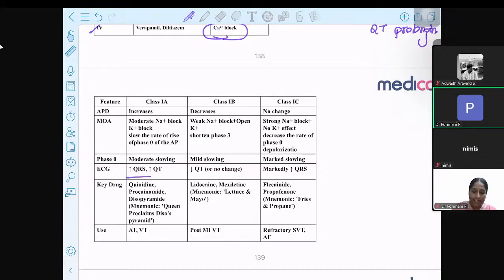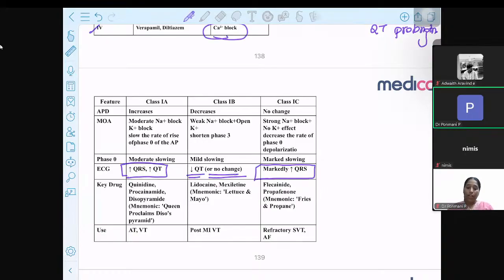As I said, class 1A is going to affect QRS and QT, and class 1C, with its strong blockade, is going to affect QRS only. Class 1B is a weak sodium blocker, so there is going to be no change at all. Since it opens the potassium channel, the QT is going to decrease. See the beauty of the drugs.